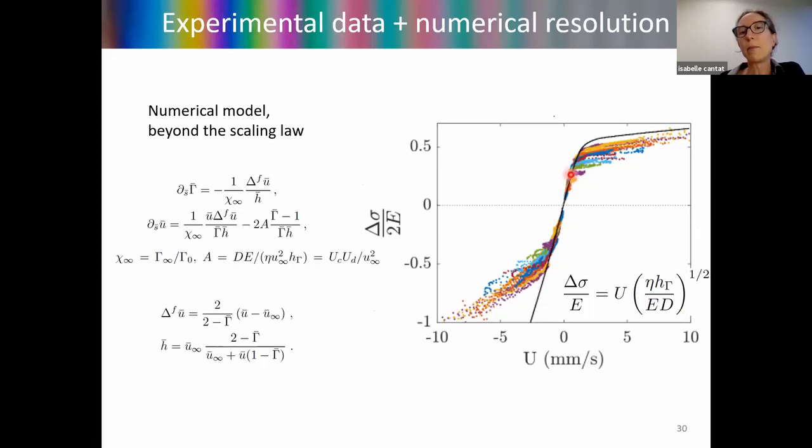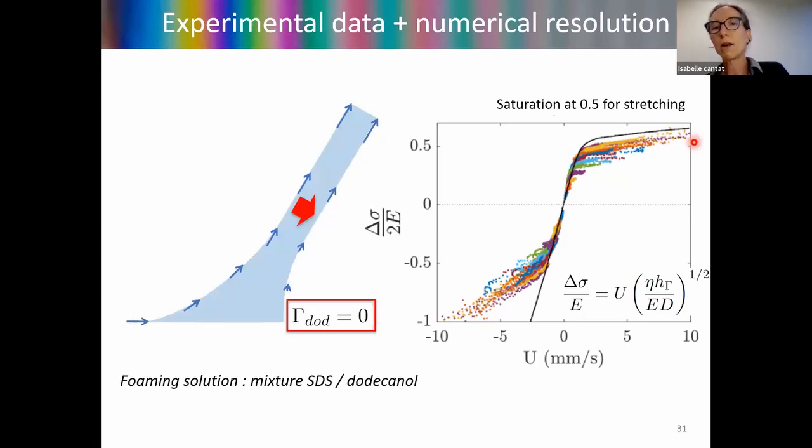We still have the linear part as expected, but we find a saturation only in the stretching regime at high velocity. So where does it come from physically? It comes from the fact that compressing and stretching is not exactly symmetrical, because when you stretch, at some point you deplete entirely your interface, and when you reach a concentration 0, you cannot go beyond.